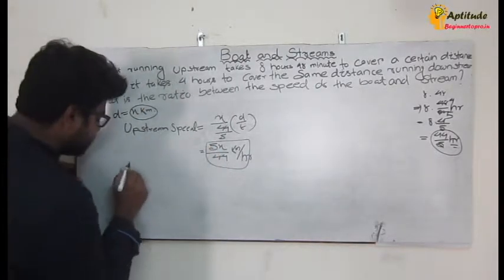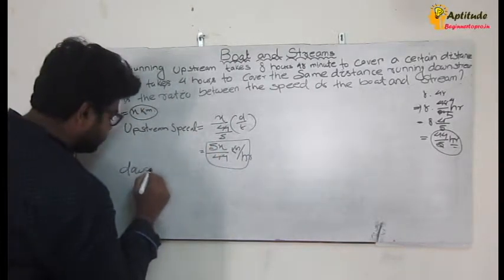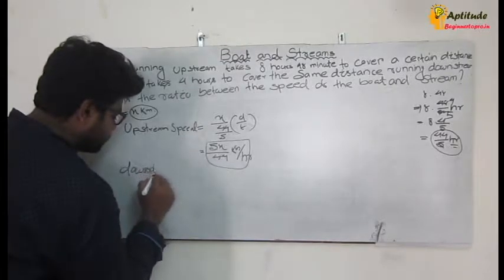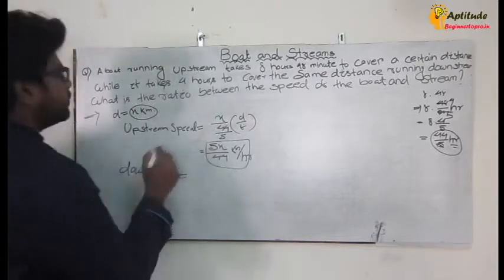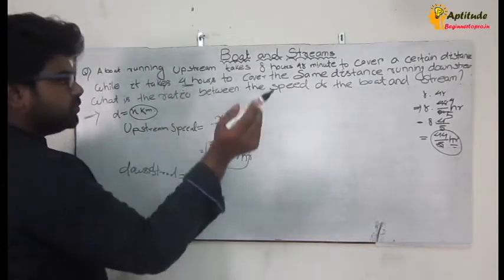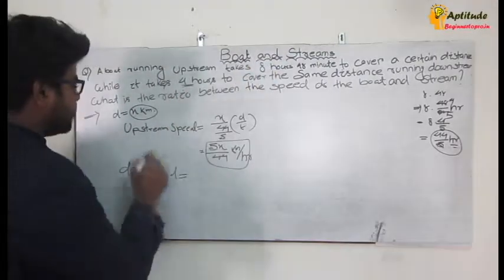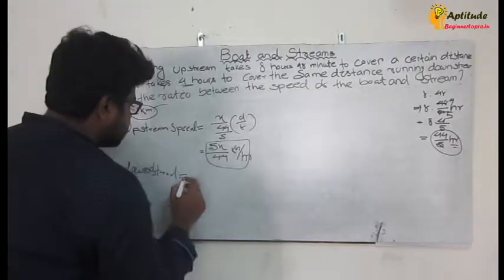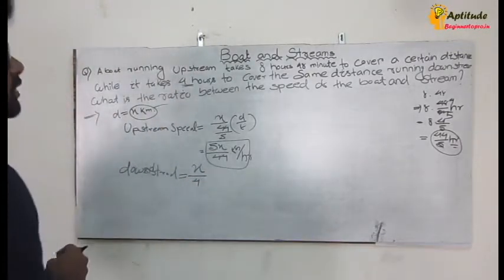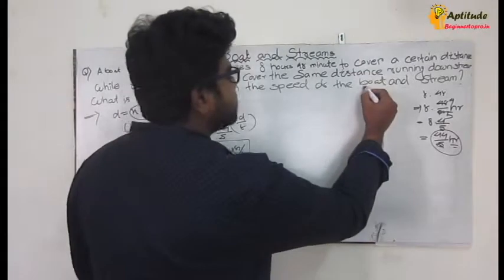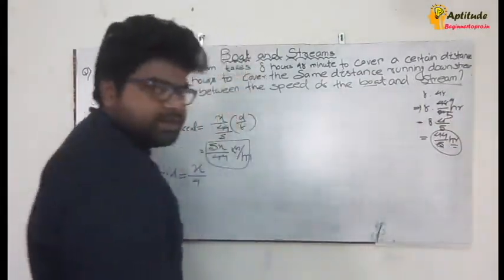Similarly, downstream speed: it takes 4 hours to cover the distance. We have taken the distance as x kilometers. Downstream speed will be x by 4. The question asks about the ratio between boat and stream.